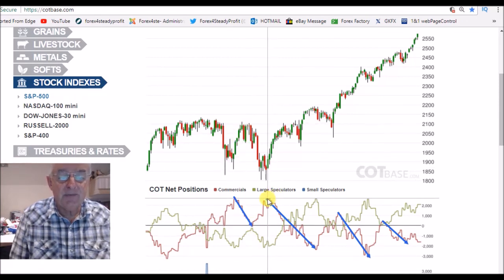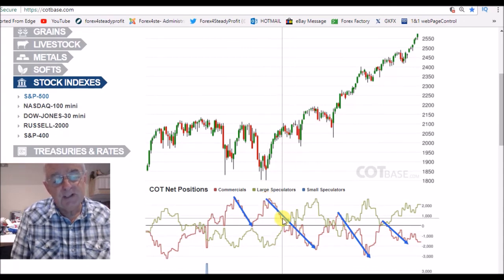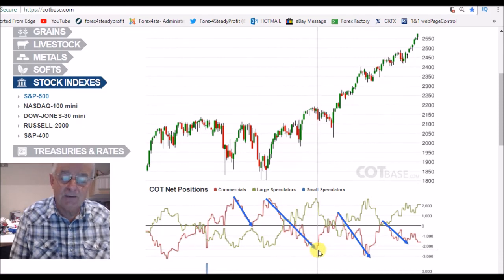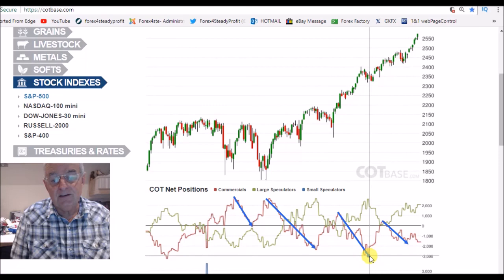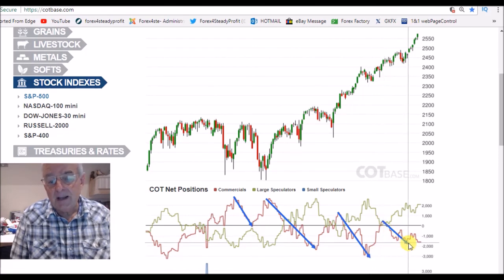Same again, bearish position on the chart, a bullish position for the commercials, and it goes up. Here again you've got a bullish position for the commercials, and you know, you get a gain and again.